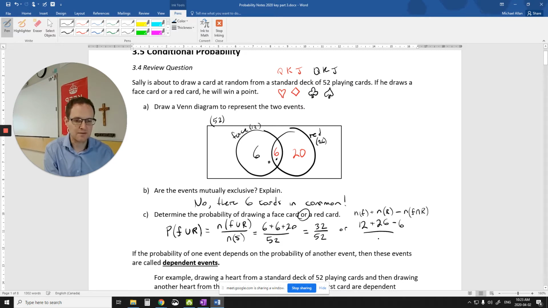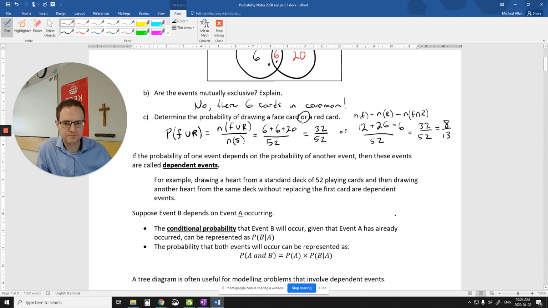If you look carefully, it's exactly the same. You end up with 32 over 52, which reduces down to 8 over 13. So there's the probability that you're going to draw one of those two.